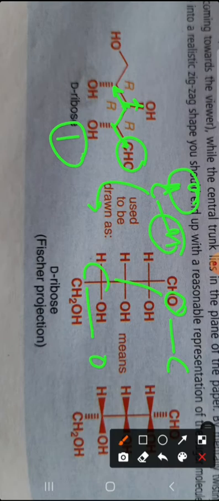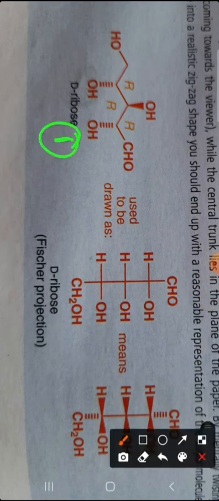So we are judging this carbon, and next to this carbon two oxygens are there, and here only a single oxygen is there. So that's why we have to take this group first, then this.